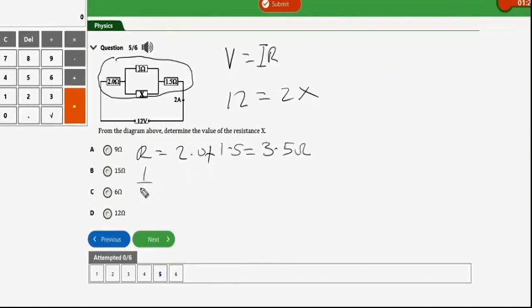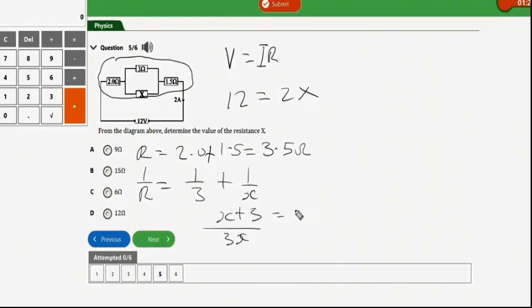So resistance in parallel will be 1 over R, that's the resistors in parallel setting. We have 1 over 3 plus 1 over x. Now let's get the LCM. LCM is 3x, 3 into 3x, we have x times 1, we have x plus x into 3x, we have 3 times 1 is 3.